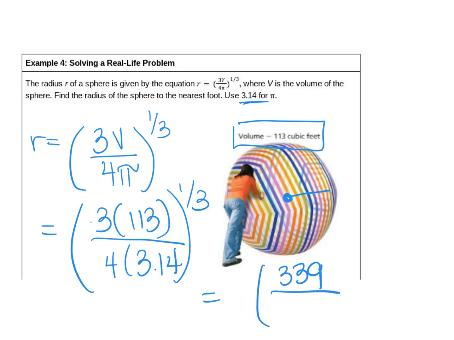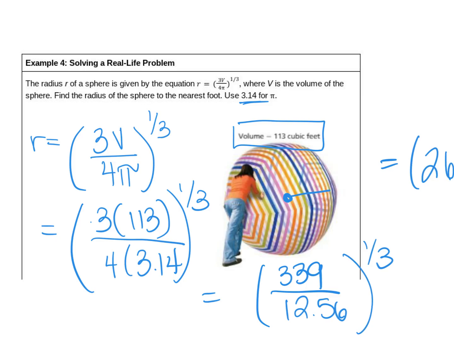And then 4 times 3.14, and that's 12.56. And then I'm going to go 339 divided by 12.56. And we actually get 26.99. And then we got to raise that to the 1/3 power, which is the same as the cube root of that top. Okay, so that's actually on your calculator.